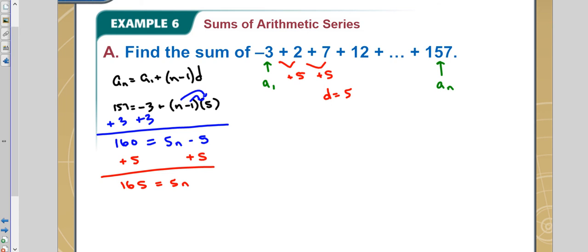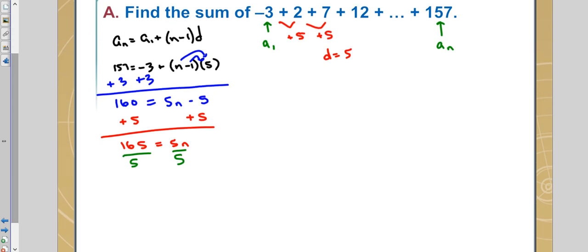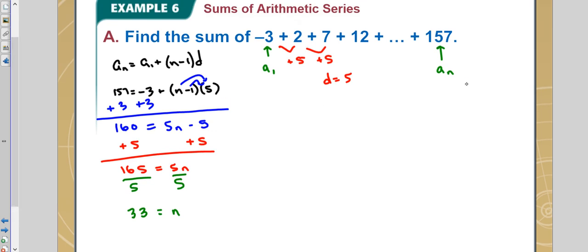And finally, I want to divide this by 5. And so I should get 33 equals n. Now I know there's 33 terms. And so you could actually replace it as a sub 33.